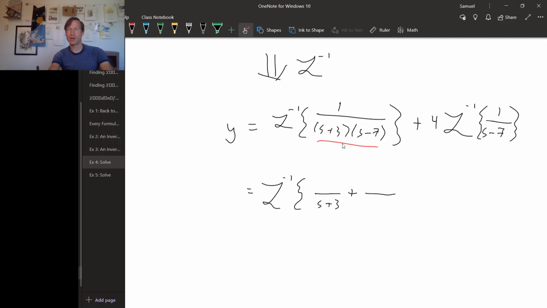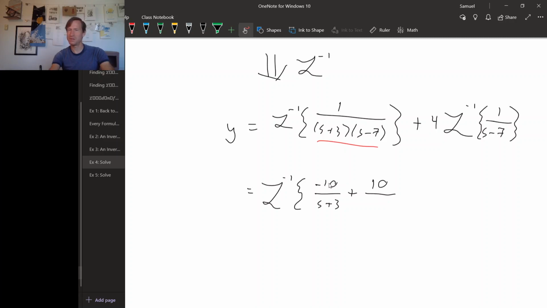So covering up s plus 3, plug in minus 3 for s, and we get minus 10. And then covering up s minus 7 and plugging in plus 7, you get plus 10.